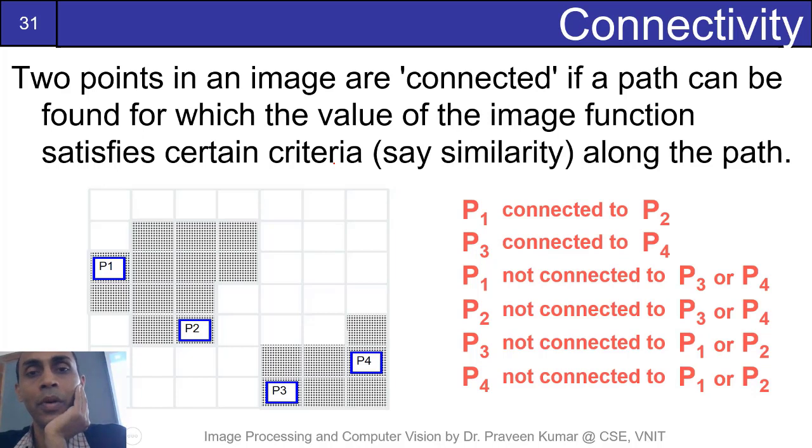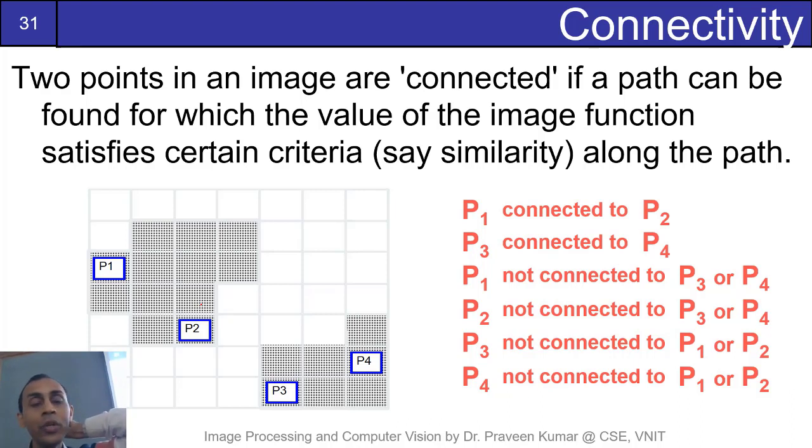A broad definition of connectivity is that two points in an image are connected if a digital path can be found from, let us say, P1 to P2 following pixels which satisfy certain criteria. Most commonly that criterion is that all those pixels should have the same intensity values, because if they are of the same region they should probably have the same intensity value.